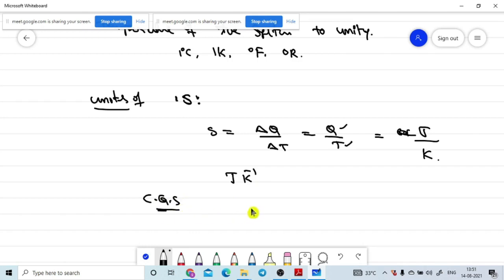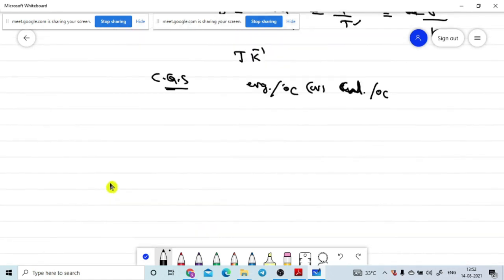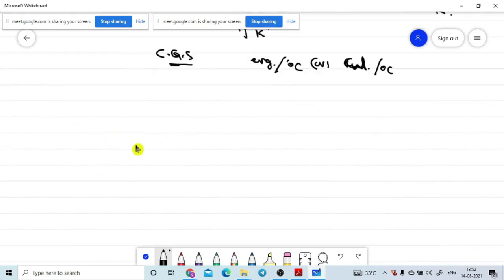Erg per centigrade, ergs per degree Celsius, or calories per degree Celsius. These are the units for the heat capacity definition. Now they may ask the question.